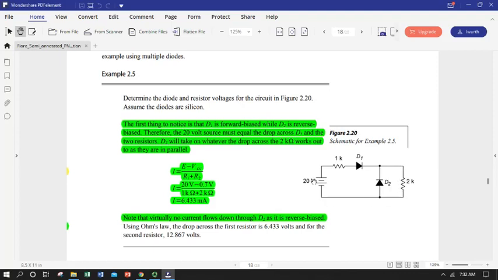So we could say 20 volts is equal to 1K times I total plus 0.7 volts plus 2K times I total, and solve for I, which is exactly what Mr. Fiore has us doing here. So key points, who's in forwards and who's in backwards, and then you can redraw the circuit and KVL it.